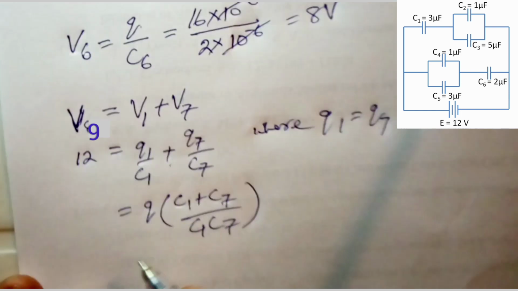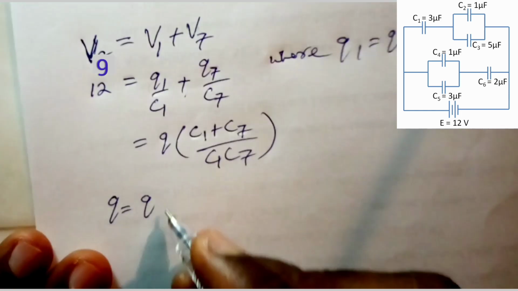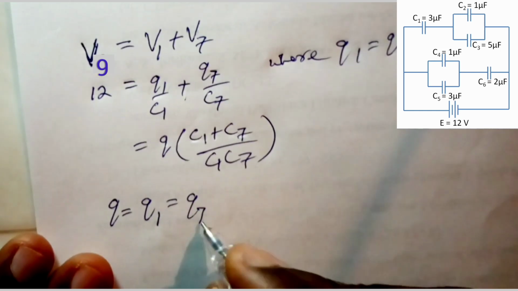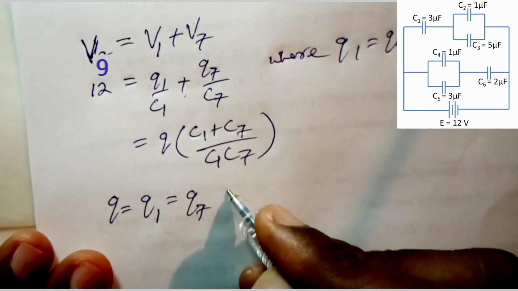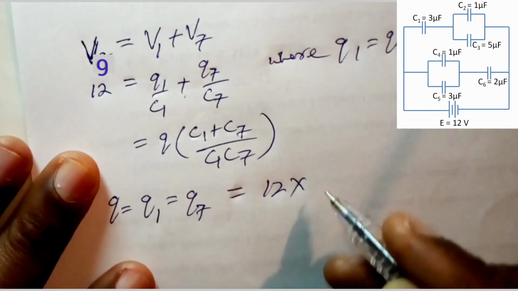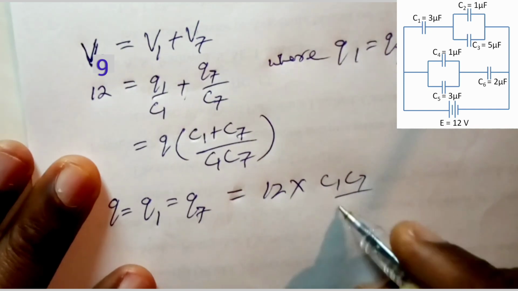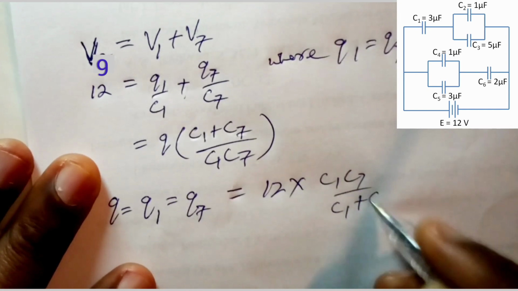So if we do that, we will now have that Q is equal to Q1 is equal to Q7, and is equal to 12 times C1 C7 over C1 plus C7.